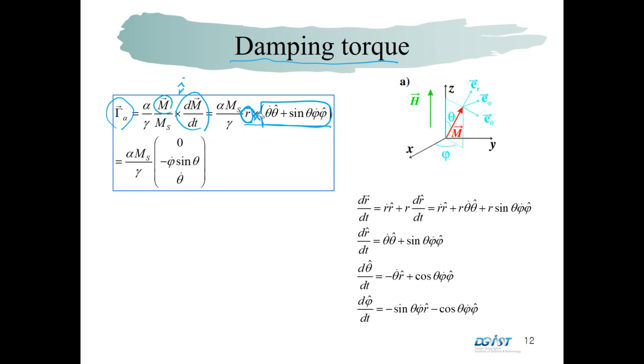Okay, so how can we obtain this part? That's a little bit tricky, but you can also find it in mathematical physics. Here, if we take the time derivative of the r vector, this is d/dt, the total derivative. So we have such a relation. It means that in this derivative, the r vector is the magnitude of r times the r unit vector.